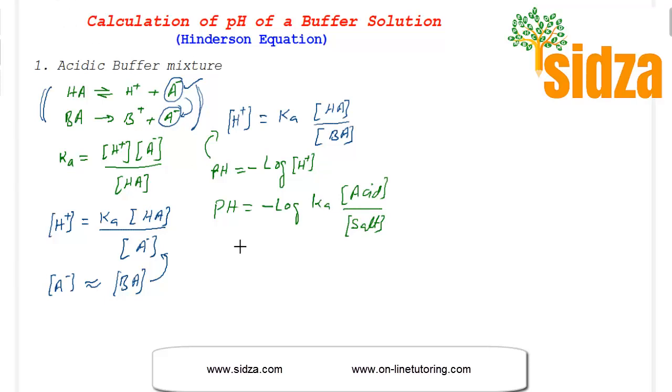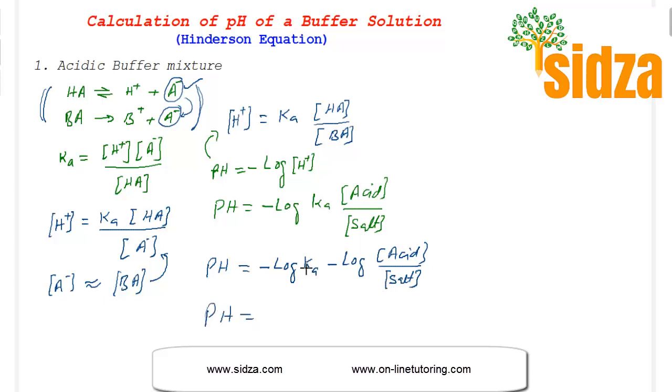And we can further rearrange the equation: pH will be equal to minus log of the dissociation constant K minus the log of the concentration of the acid divided by the salt concentration. So you can further rearrange it.